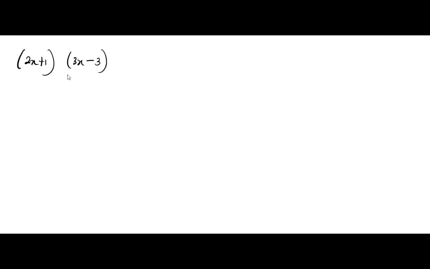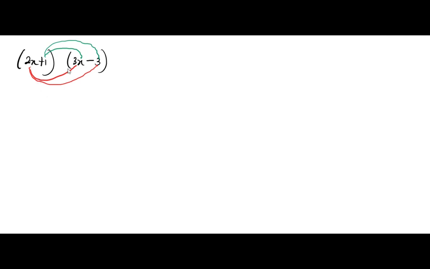So the general pattern I normally do is I'll use this 2x to multiply this 3x. Now we use this 2x to multiply this minus 3. Then I will consider this 1 to multiply this, and this to multiply this. So let's follow that pattern.